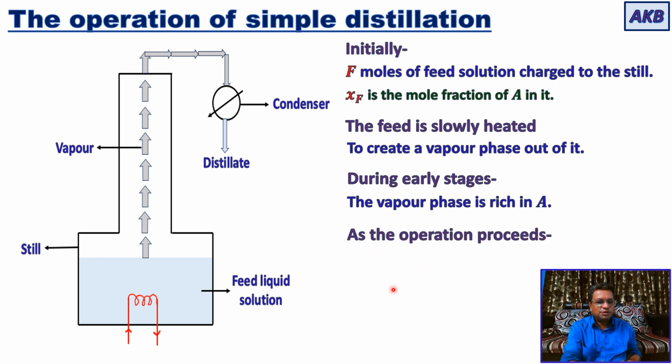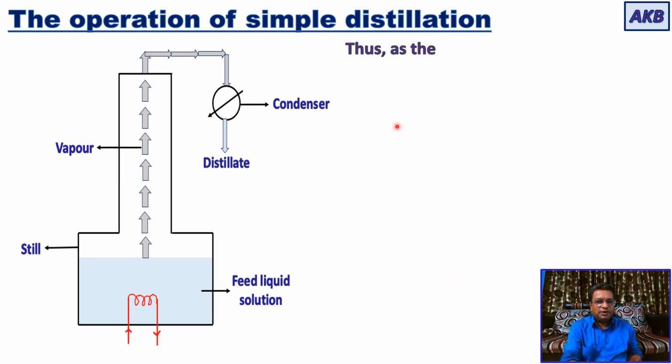But as the operation proceeds, what is going to happen? The vapor phase is going to become leaner in A, poorer in A. So as the operation continues for some time, the amount of A present in the vapor phase is going to decrease. Are you understanding it? During early stages, no doubt the vapor phase is rich in A, but as the operation proceeds, the vapor phase becomes leaner in A. You can easily understand.